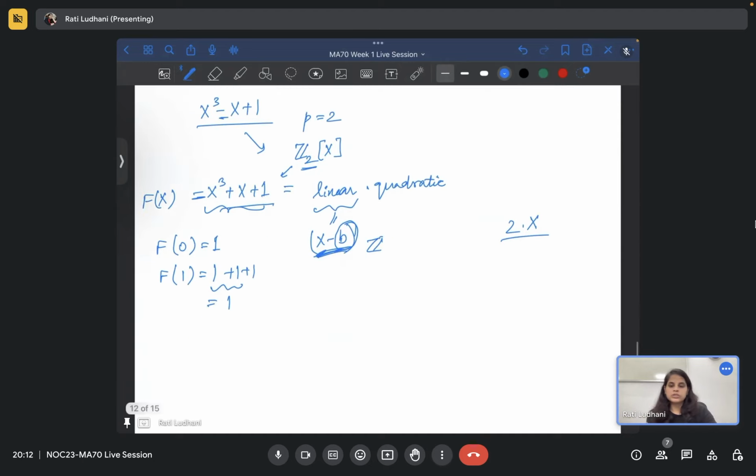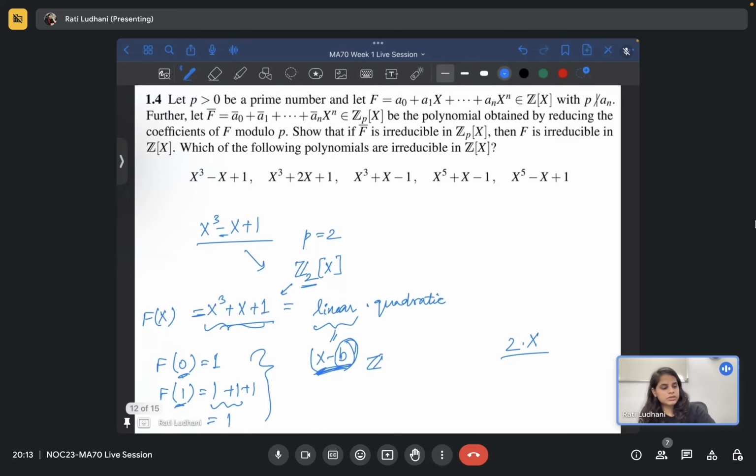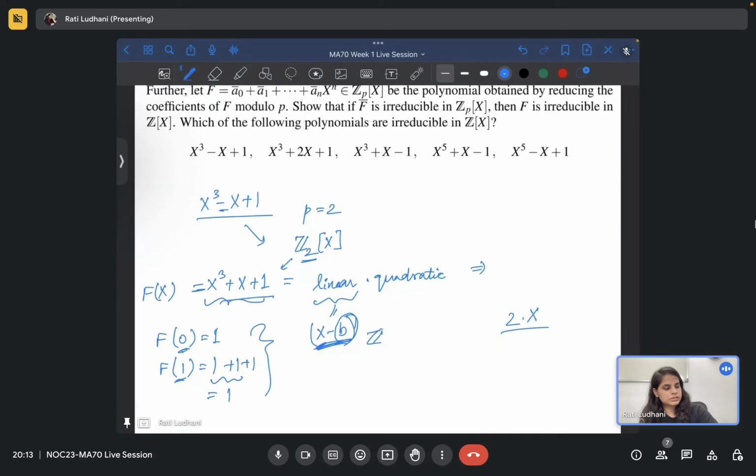So you will not have any linear factor, because if there were one, there would have to be a root in Z2. 0 and 1 do not satisfy it, so this is irreducible in Z2, and you are done.